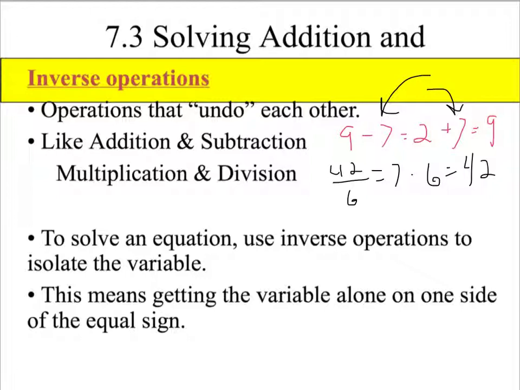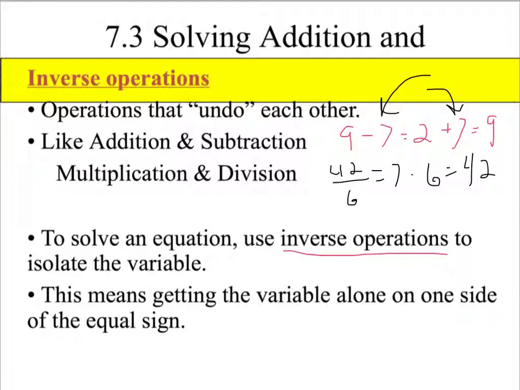When solving an equation, we're going to be using inverse operations to isolate the variable. So if it is x plus 7 equals 14, we're going to be subtracting because we're adding in the problem. That 7 is being added, so we are going to subtract. I'll explain that in just a second.